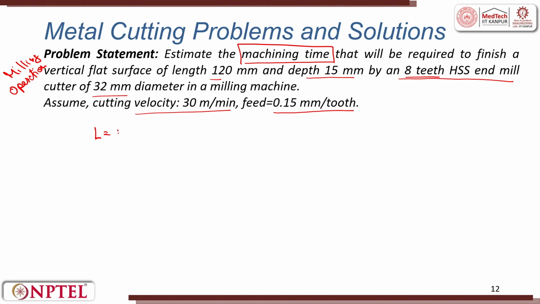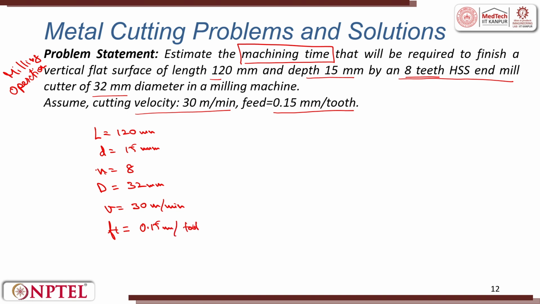Now here L is equal to 120 millimeters, D is equal to 15 millimeters, N is equal to 8, the diameter is 32 millimeters, the speed is 30 meters per minute, and feed per tooth Ft is given as 0.15 millimeters per tooth.